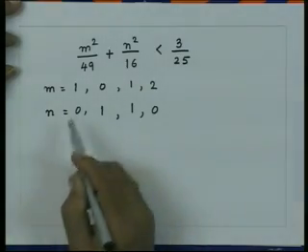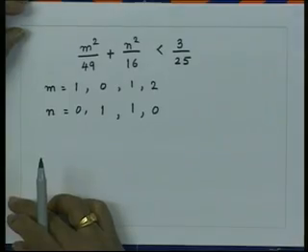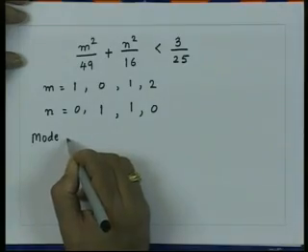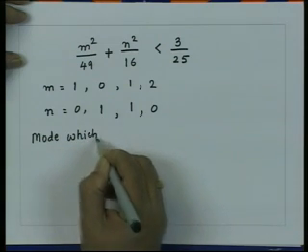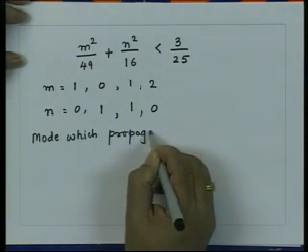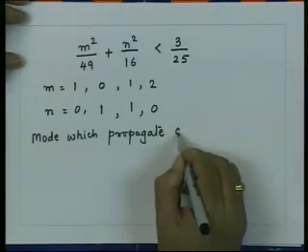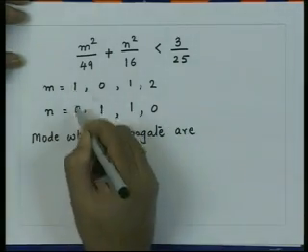Now, as we know, for the TE case, one of the indices non-zero will still give me the mode, whereas for the transverse magnetic case, both the indices have to be non-zero. So, the modes which will propagate inside the waveguide are corresponding to this.